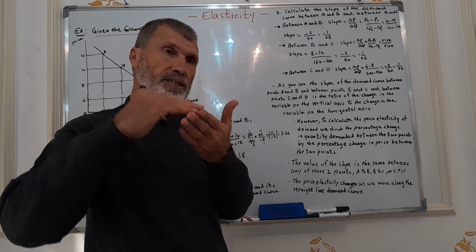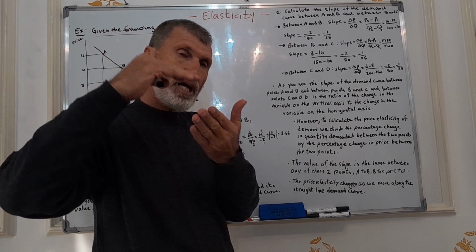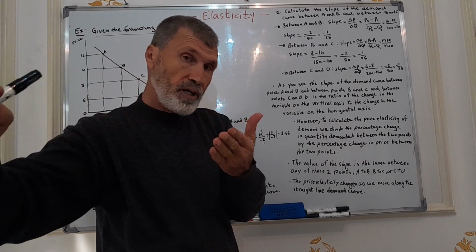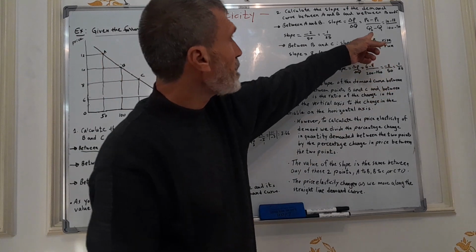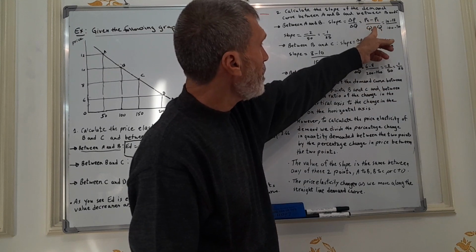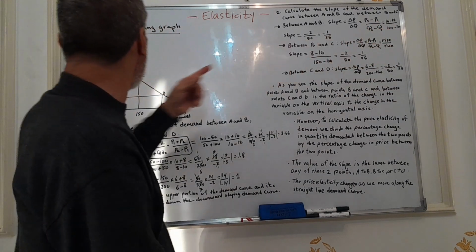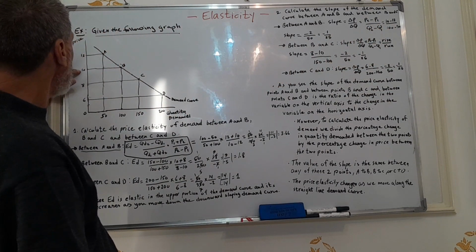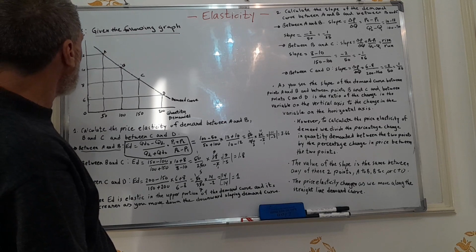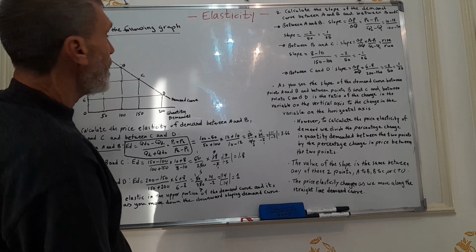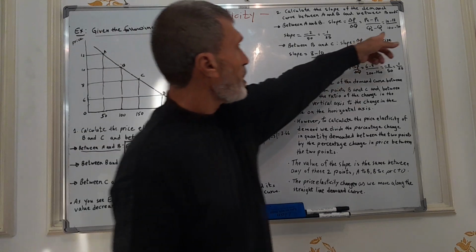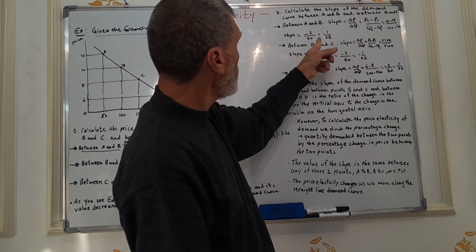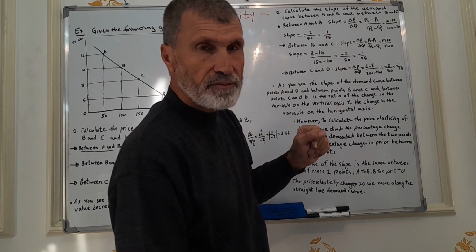We do that here, P2 minus P1 over Q2 minus Q1, as you can see from A to B. So this is the final price, 10 minus 12, over 100 minus 50. We come up with what? Slope is equal to minus 1 over 25.